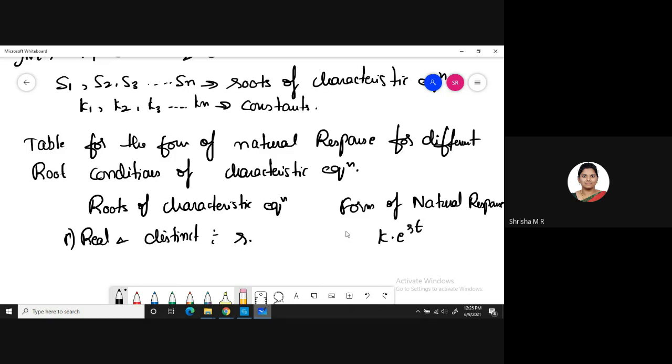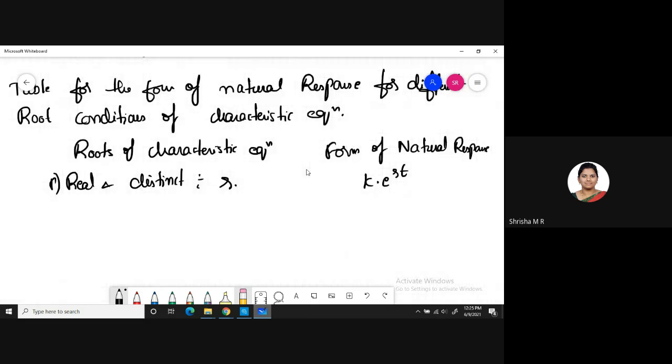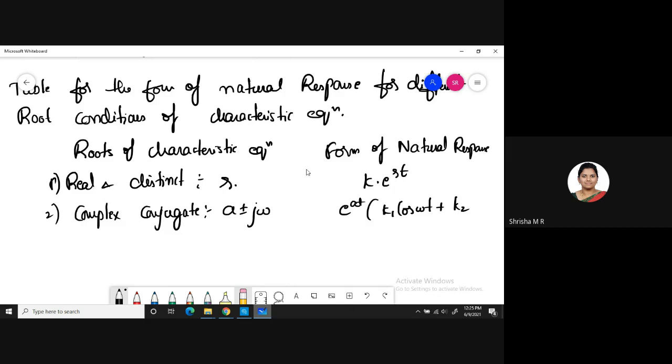Okay. If the roots of the characteristic equation which you solve are complex conjugate, like a plus or minus j omega, the form of natural response will be e to the power at into k1 cos omega t plus k2 sin omega t.